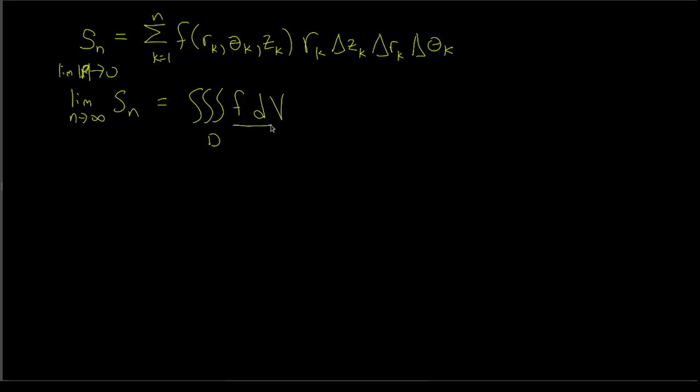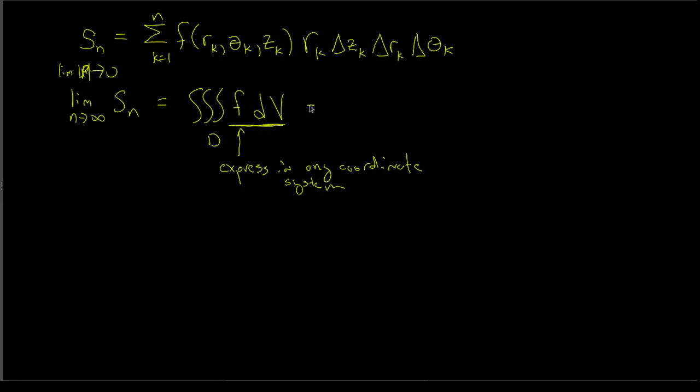Now, I like this notation here because this allows us to express the function in any coordinate system. If we are doing it in Cartesian coordinate systems, then f has to be an f of x, y, and z, and the volume element has to be dx, dy, dz.